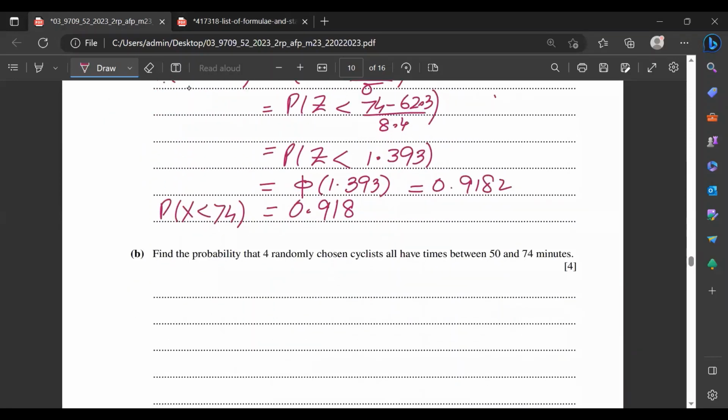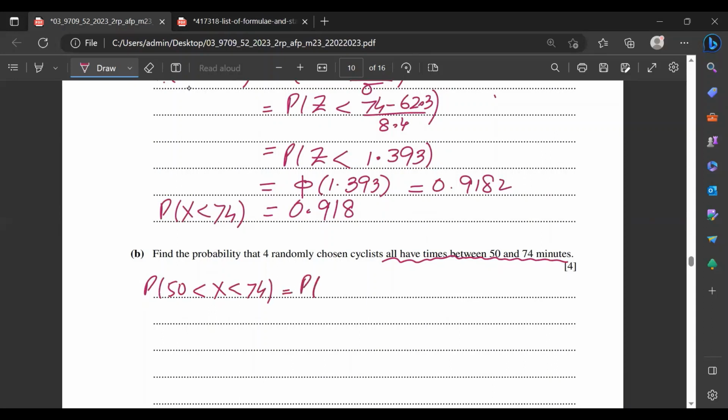Find the probability that 4 randomly chosen cyclists all have times between 50 and 70. So first we need to find the probability that the time is between 50 and 74.